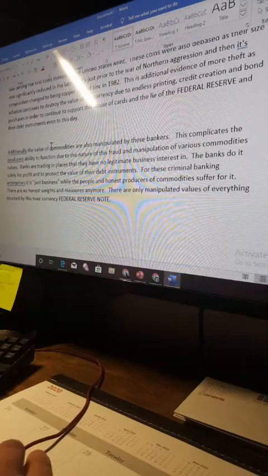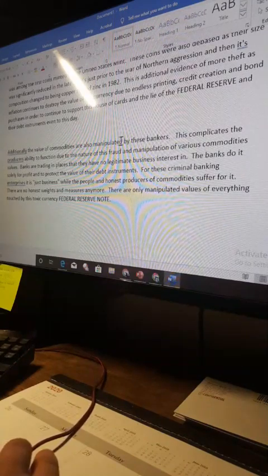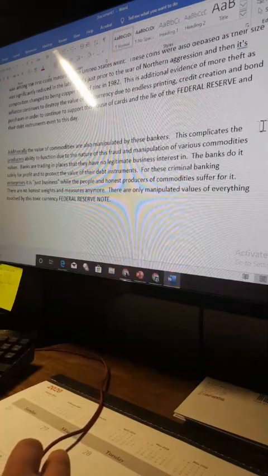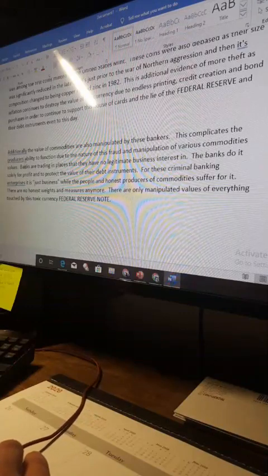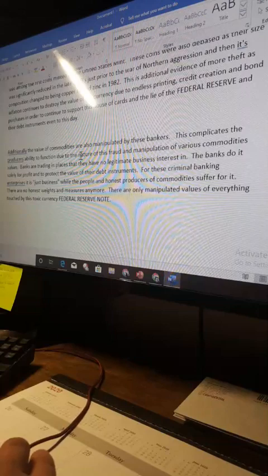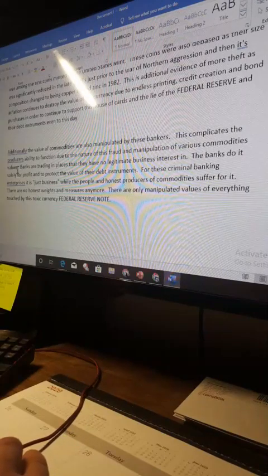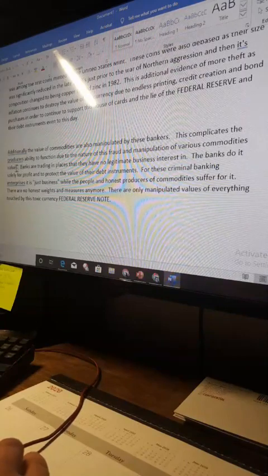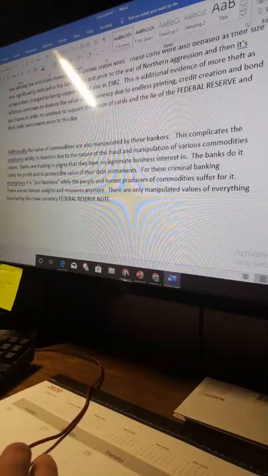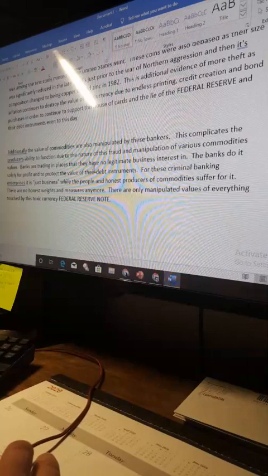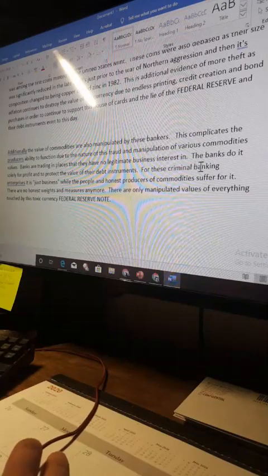Additionally, the value of commodities are also manipulated by these bankers. This complicates the procedure's ability to function due to the nature of this fraud and manipulation of various commodities and values. Banks are trading in places that they have no legitimate business interest in.